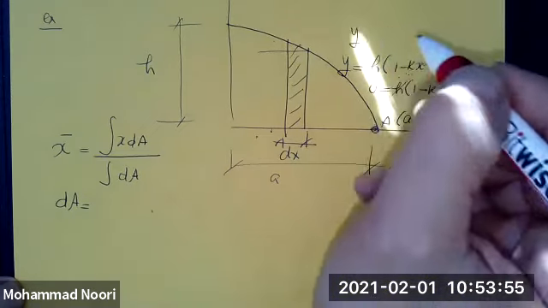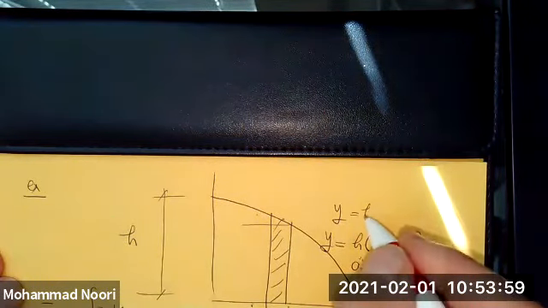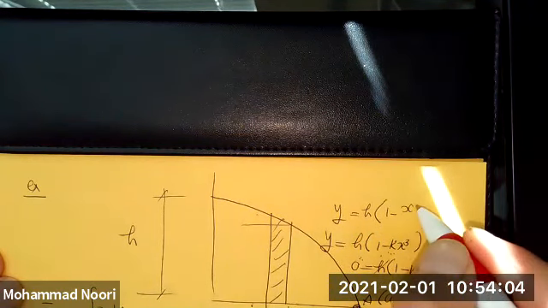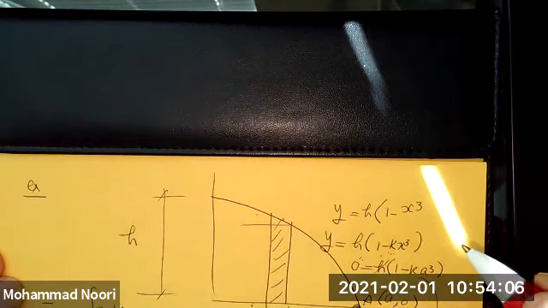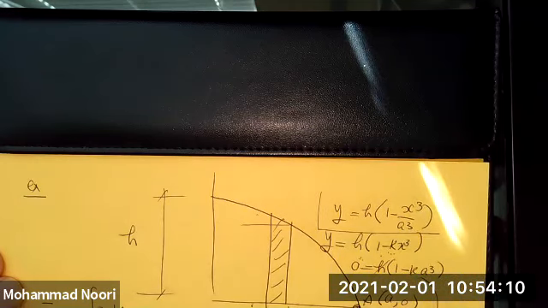This function is h times (1 minus x cubed over a cubed).